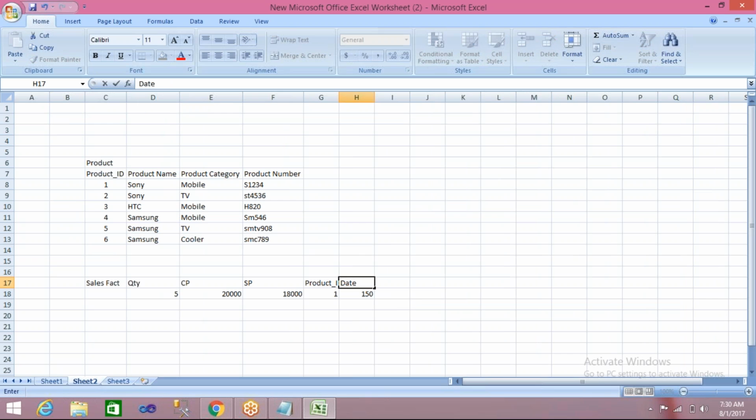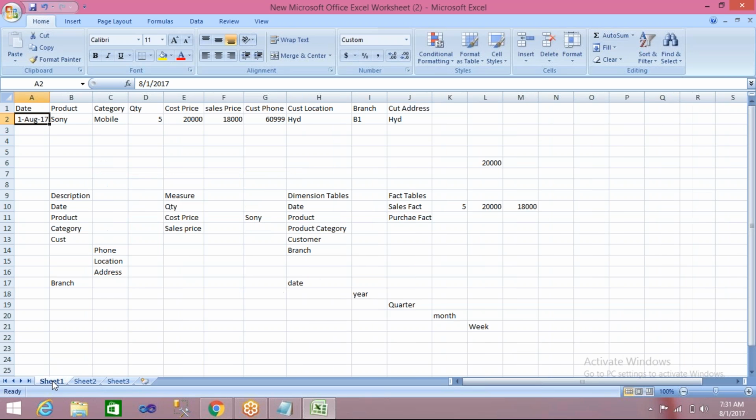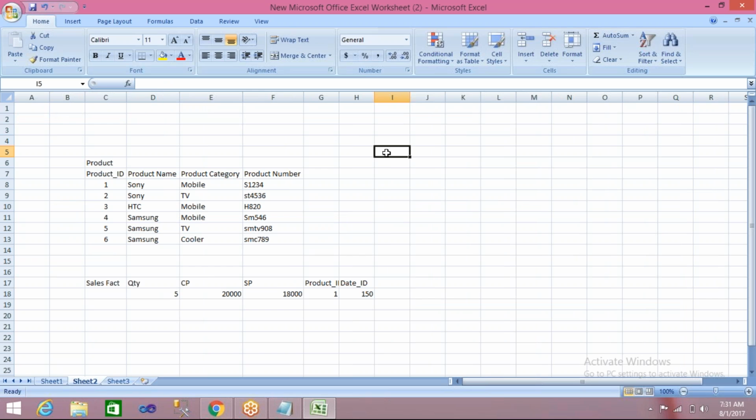So the date ID will be 150. And for branches, I have different branches, so in the branch table there will be a branch ID.